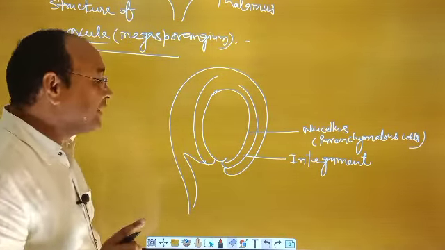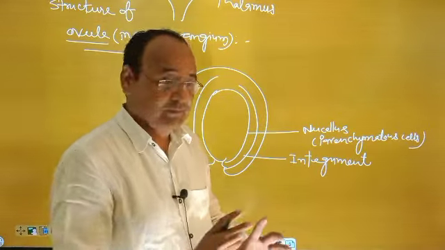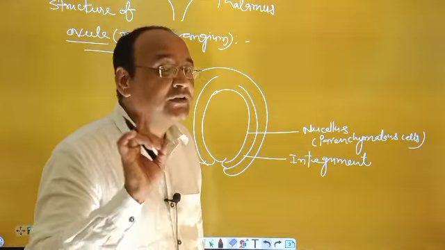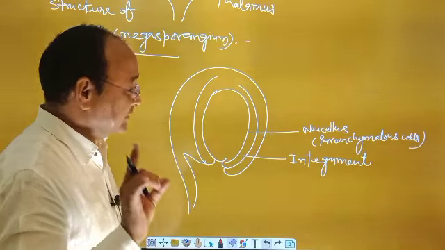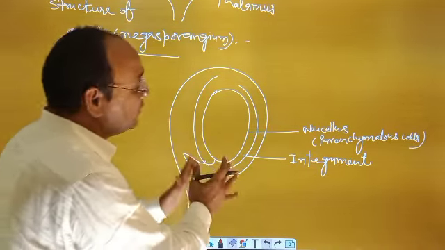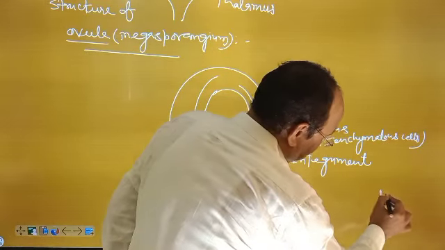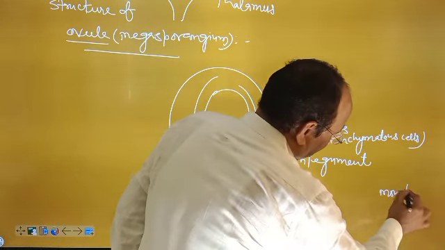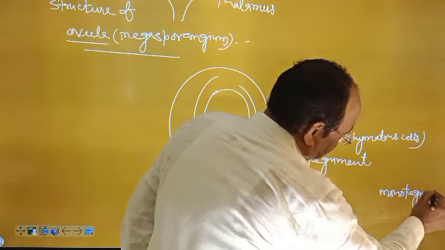If one integument is present around the nucellus, this type of ovule is called monotegmic.